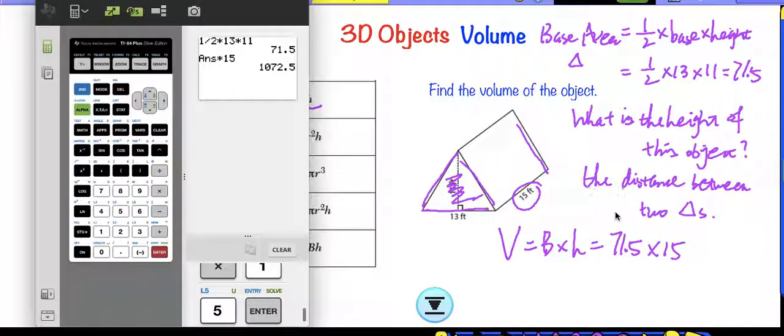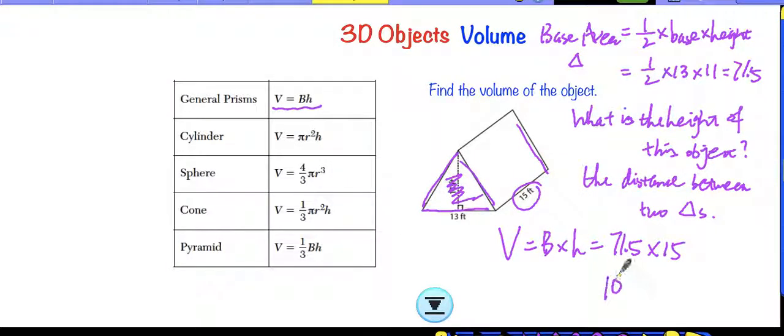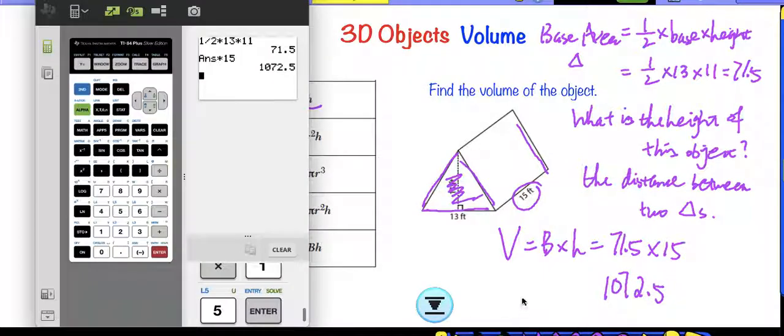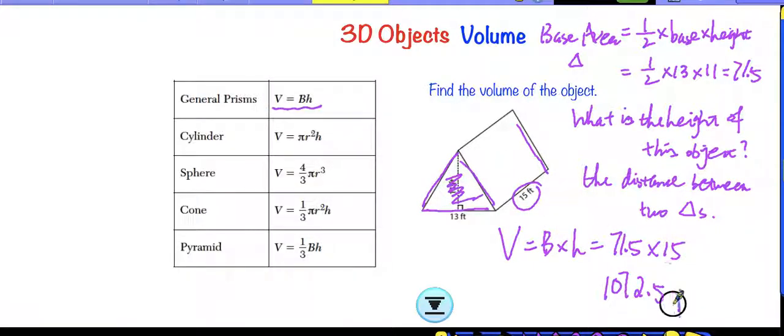So let's write down the answer, which is 1072.5. Let's go back to check again. Okay, and since this is feet, so it's feet what? Yes, we times 3 measurements together, so it's feet cubed. Okay, so that's one thing. Let me erase this one so you can see the measurement here. So please remember the common mistake we might make regarding the height of the object.